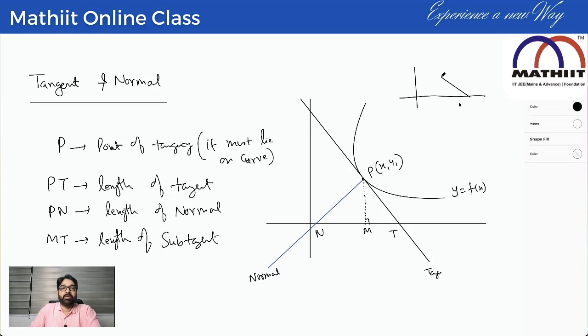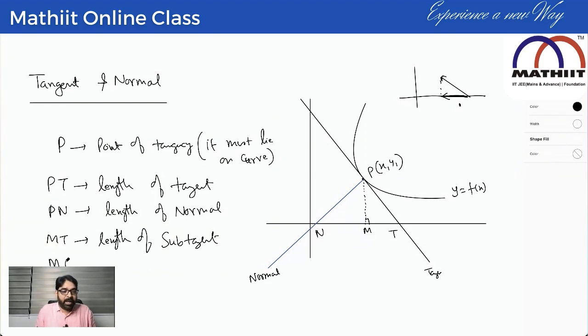Suppose this is a force. If I ask the component of this force along this axis, you draw a perpendicular here and say this is the horizontal component. Same thing. Imagine this is the vector PT. So the component of this PT on the x-axis will be MT. So subtangent means projection of tangent on the x-axis.